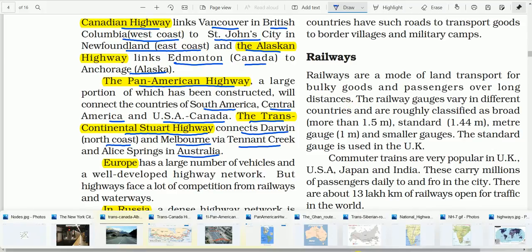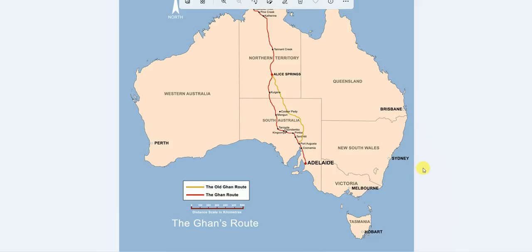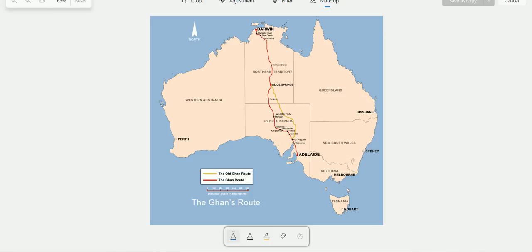And here you may be seeing the map of Australia, and here Darwin is here, Melbourne is here, and so here the transcontinental Stewart highway is connecting up to here, up to Melbourne.